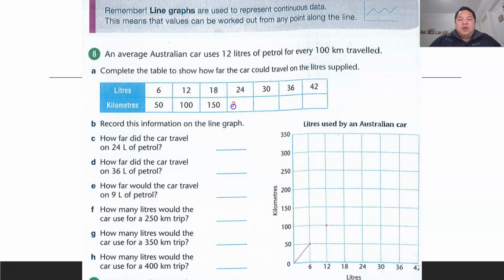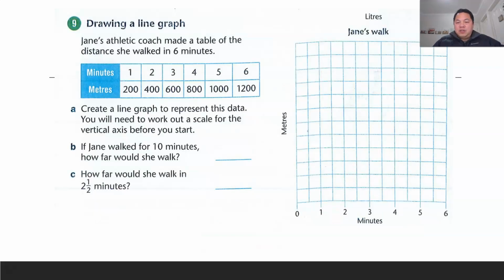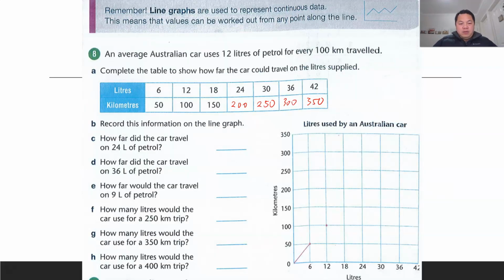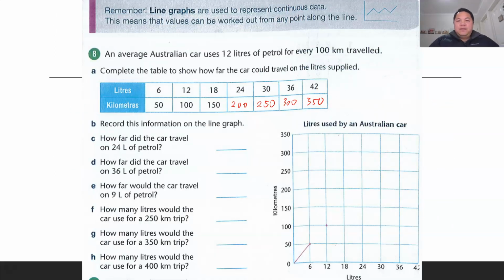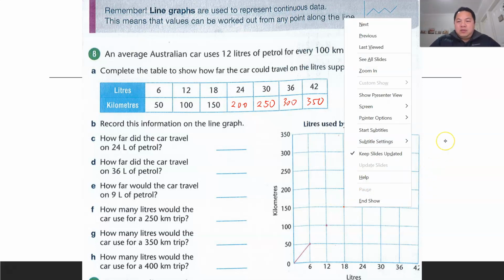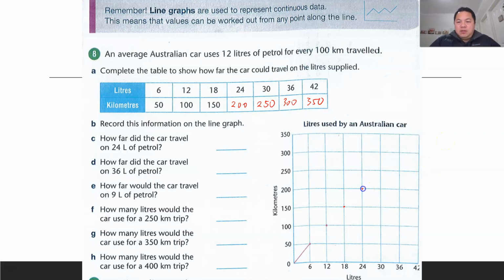From here you'll be able to get the values. 24 liters will be 200 kilometers, and then you add another 50, you get 250, then 300, and then 350. From here you can easily get the points. So we have the first dot, second dot, third dot, fourth dot, fifth dot, 42 is 350.